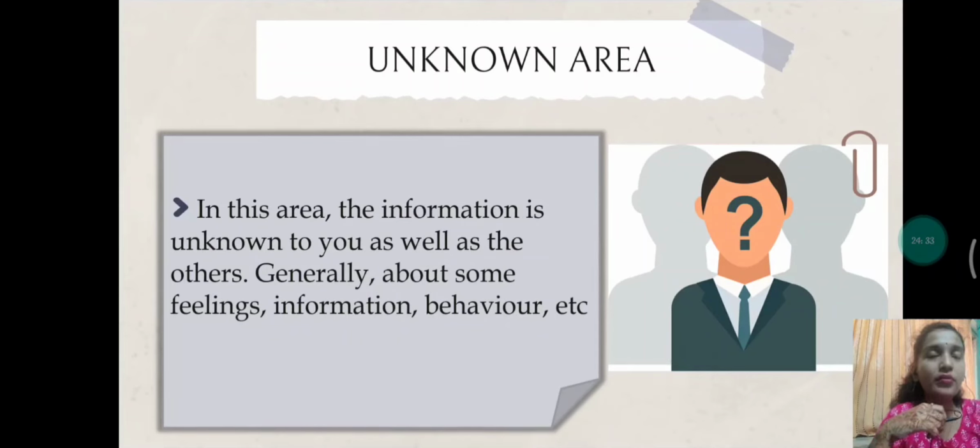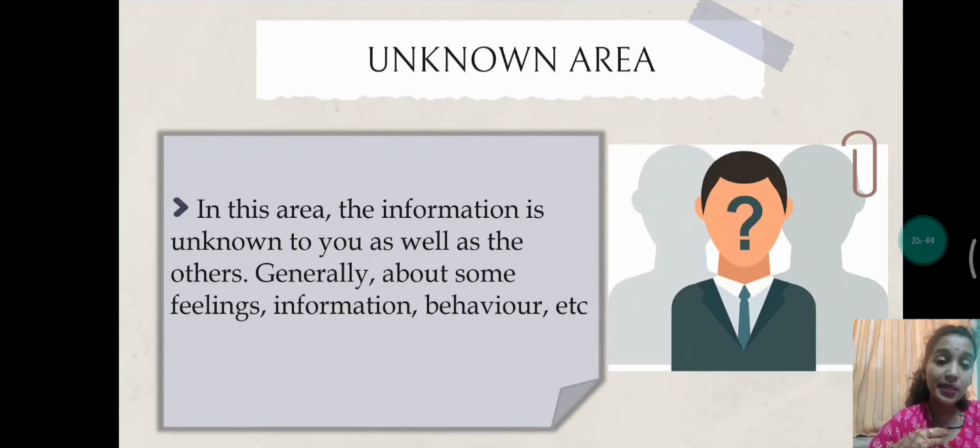Non-participating means you try to avoid participation, because one reason is you don't want anyone to recognize you, you don't want to be very socialized. Second is where everyone completely ignores you.